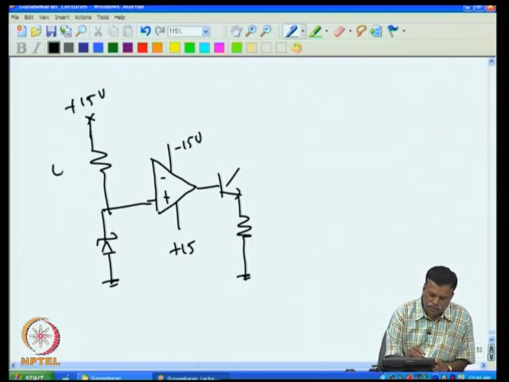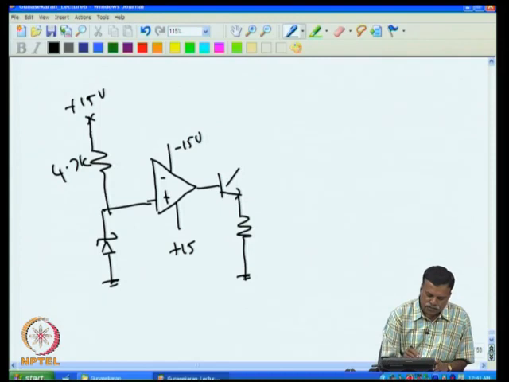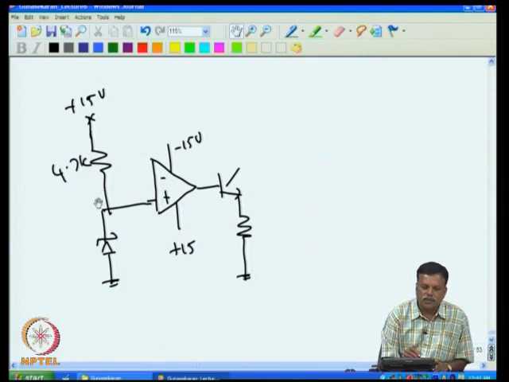The same 4.7k resistance I put, so that a minimum of 1 milliampere current is maintained. Now in this case, 2 milliampere current will be flowing, because the voltage at this point is 0, so this comes to 5 and this is 15, so 10 volt across this 4.7k will give you a little more than 2 milliampere. So the same arrangement we can have.